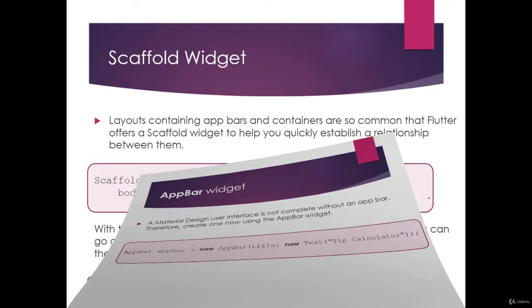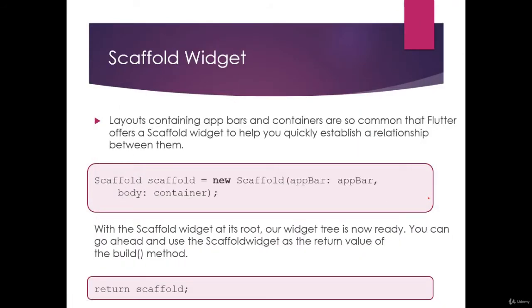So next we're going to create what Flutter names as Scaffold Widget. So layouts containing AppBars and containers are so common that Flutter offers a Scaffold Widget to help you quickly establish a relationship between them.